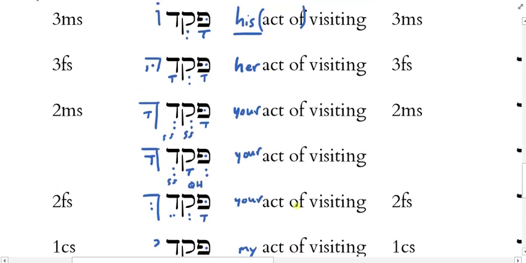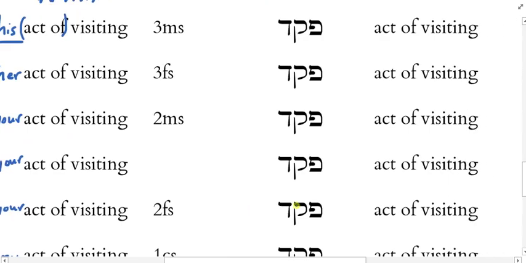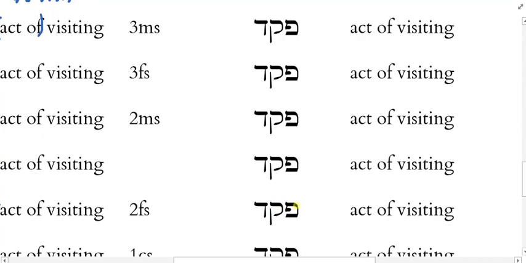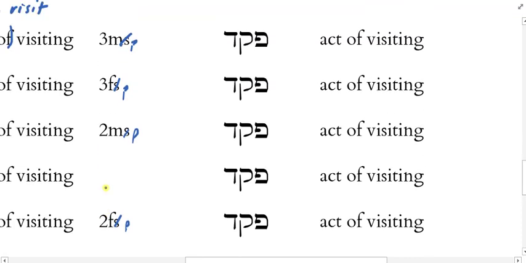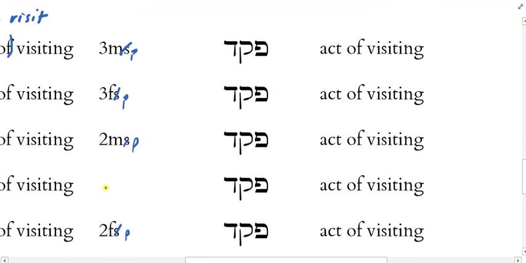All right. Now let's take a look at the plural side. Oops, I needed to put pes here. Sorry about that. Now, what's the third masculine plural pronominal suffix if I want to say their act of visiting and they are masculine plural? It's -am.